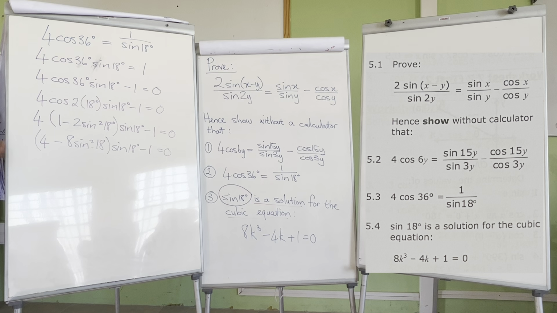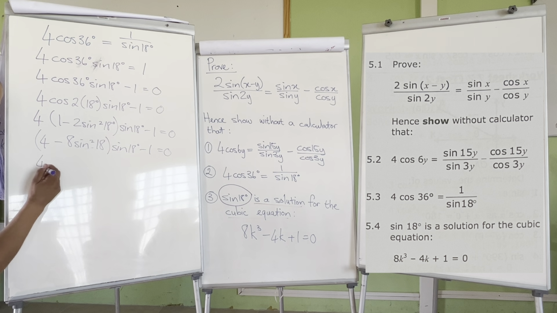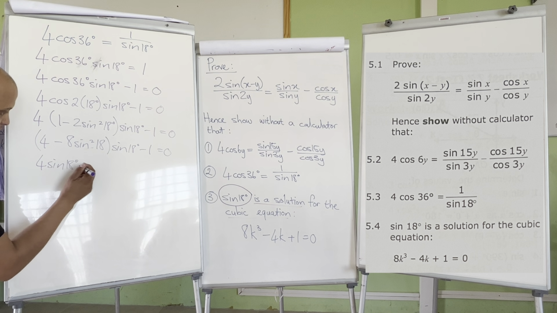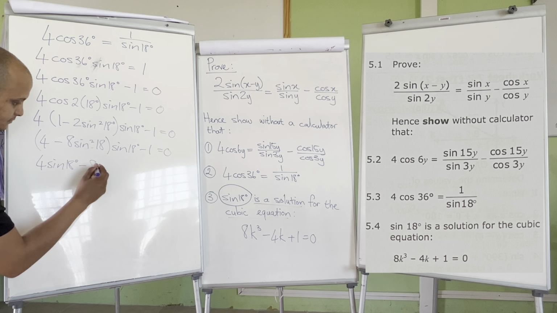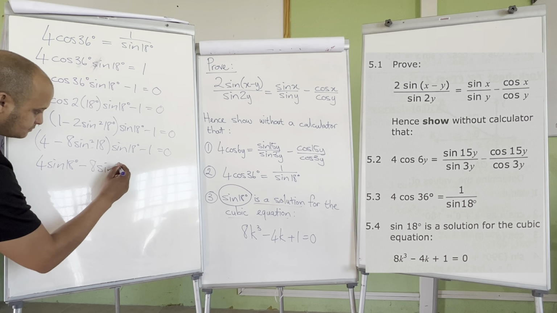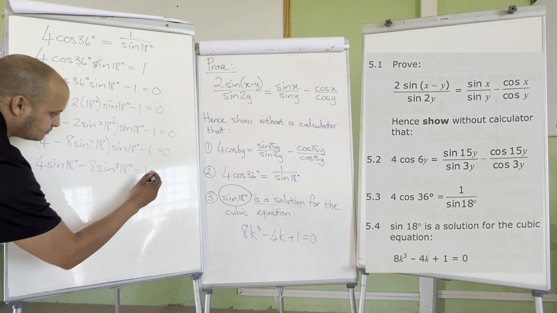Distributive property. There's still a sine 18, so it must also be multiplied into the bracket. It's just a bit of sloppy work here. We could have written the 4 sine 18 together and multiplied the whole thing the first time. But anyway, that would be 4 sine 18 minus 8 sine cubed 18 minus 1.